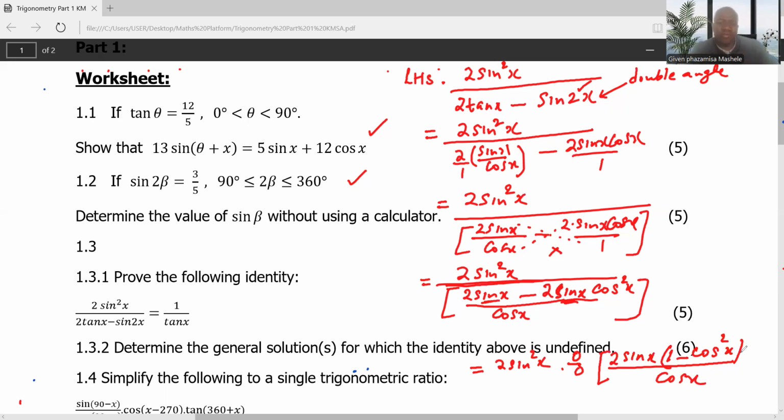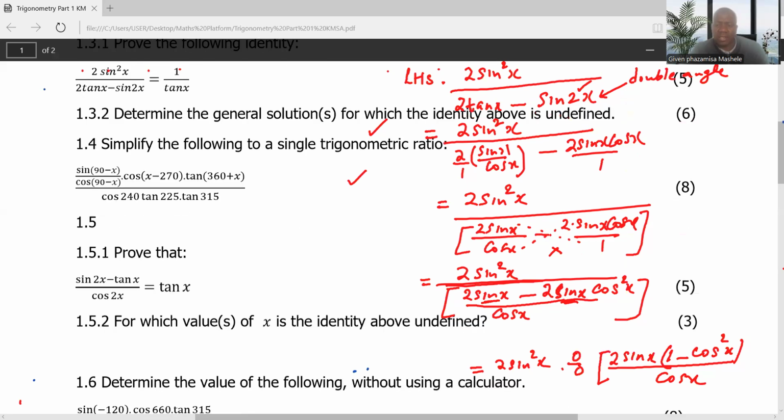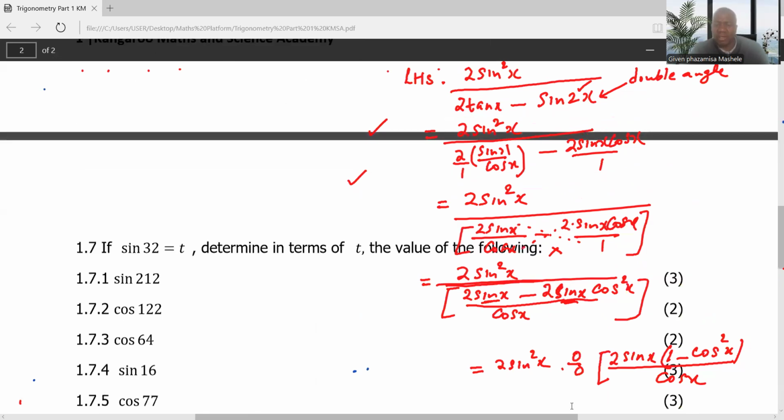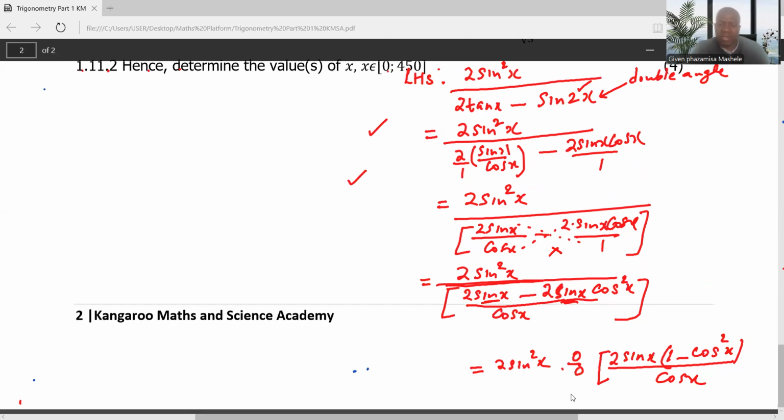Now we have to change the division into multiplication, ladies and gentlemen. The numerator is 2 sine squared x divided by 1, because it is a fraction already.